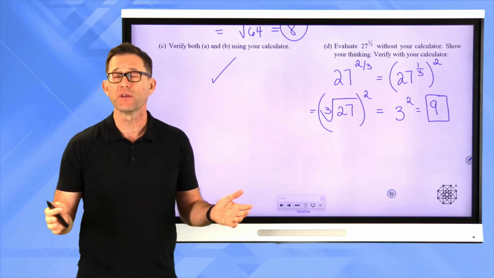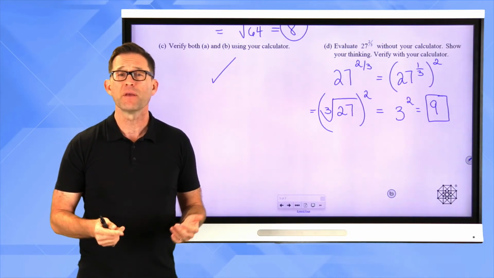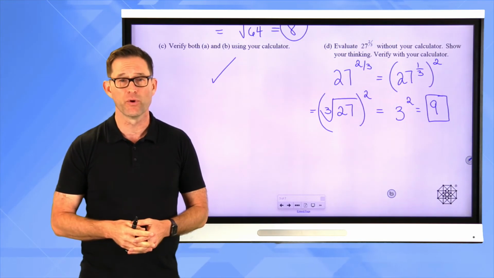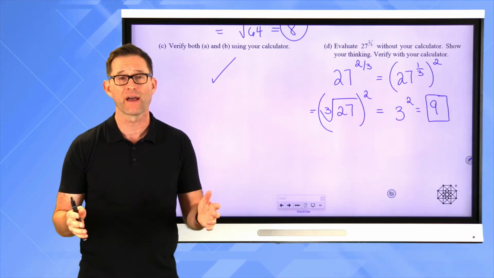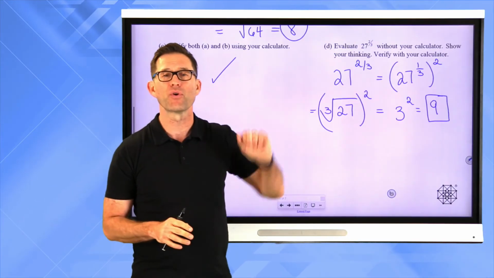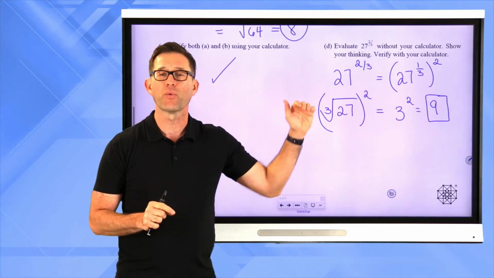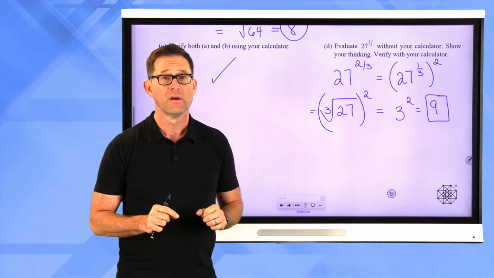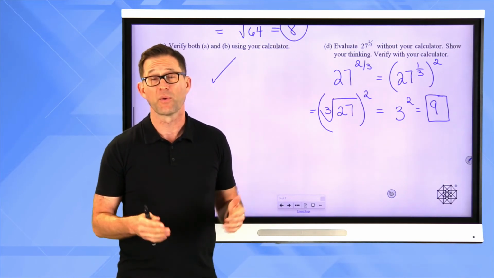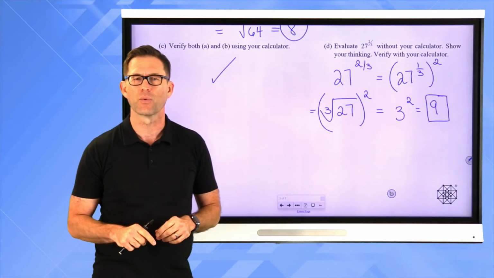And don't get me wrong, if this was like 10 to the 2/3, I'd have to use my calculator because 10 doesn't have a nice cubed root. It's an irrational number. But we want you to understand that what 27 to the 2/3 is, really, at its essence, is the cubed root of 27 squared, or 27 cubed rooted and then squared. Kind of sounds the same in either way.